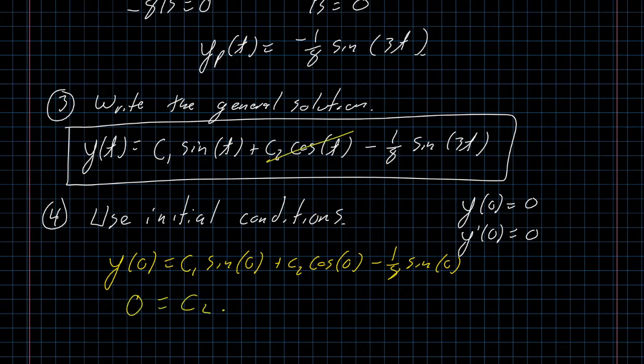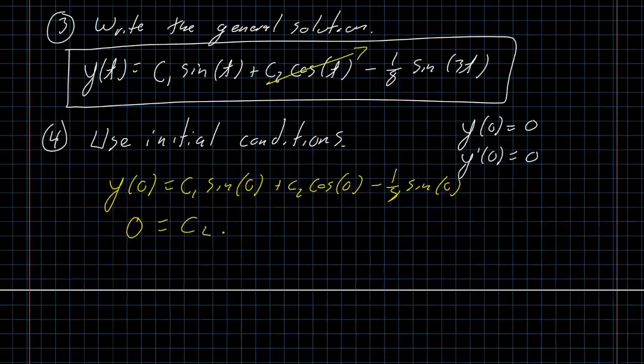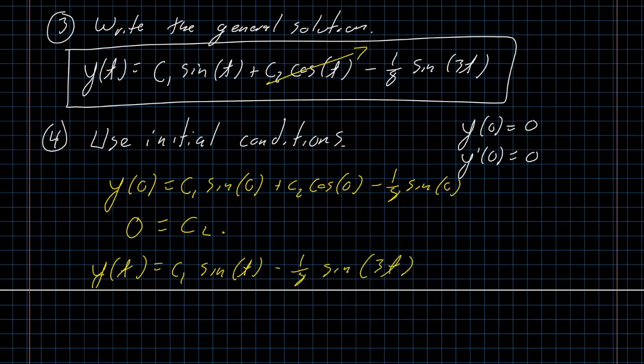So we get that 0 is c2. And that whole middle term goes away, which makes our lives a little bit easier. So now y of t is c1 sine of t minus 1/8 sine of 3t.